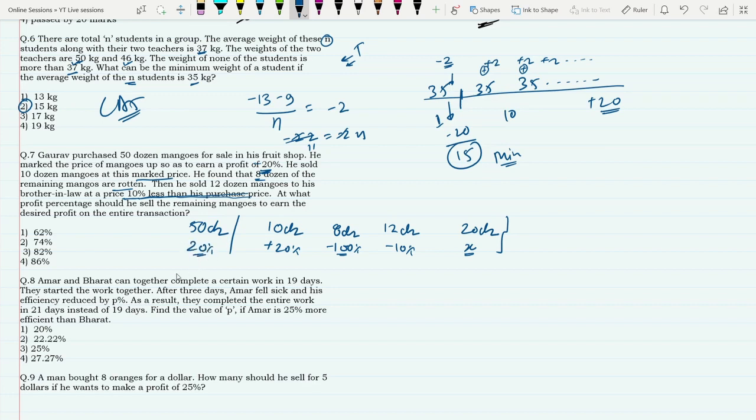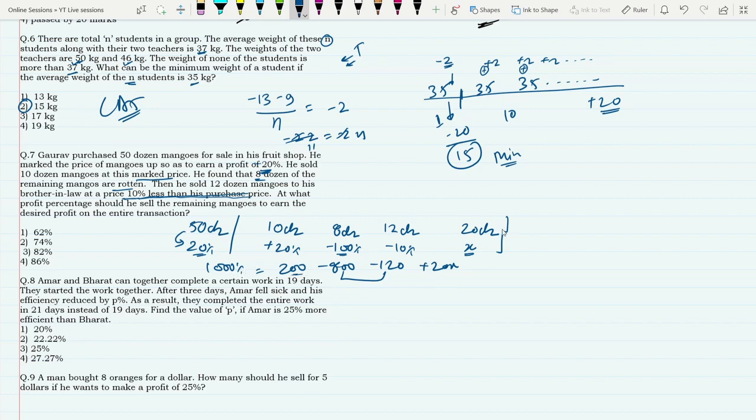I can try and approach it through deviation, or I can try and approach it through equating the value. Let me show you how to equate the value. 50 into 20, 1000, is equal to 10 into 20, 200, minus 800, minus 120, plus 20x. X is the answer. This becomes minus 920, this becomes minus 720.